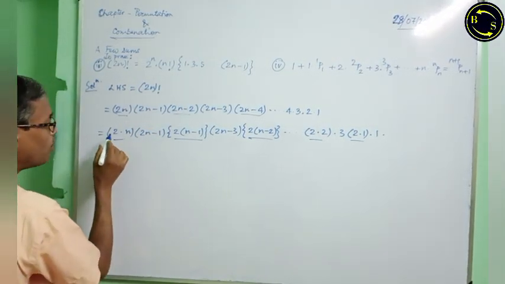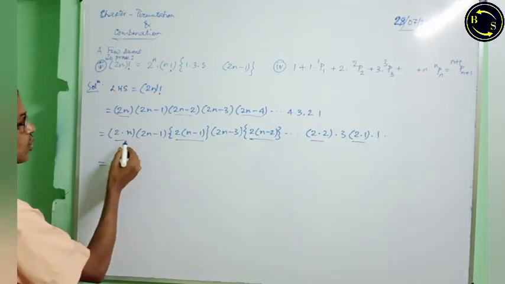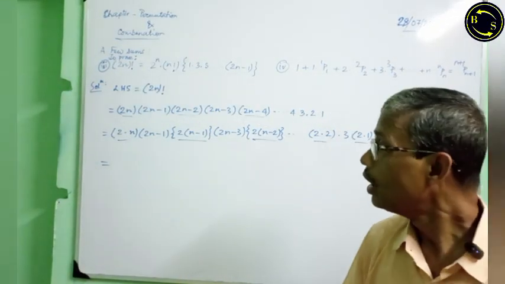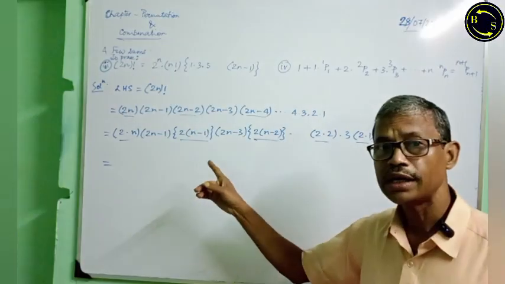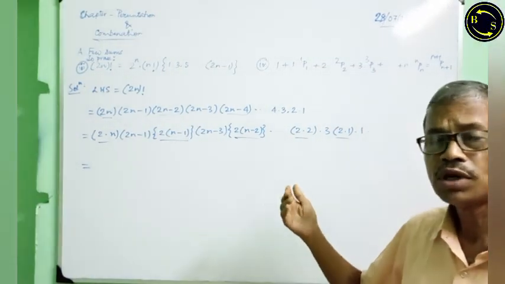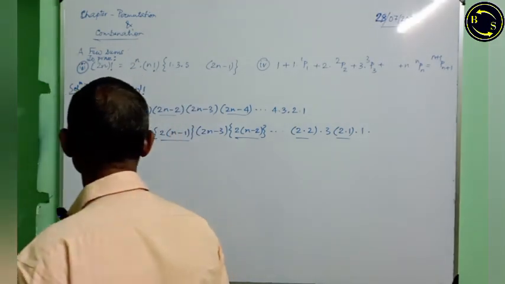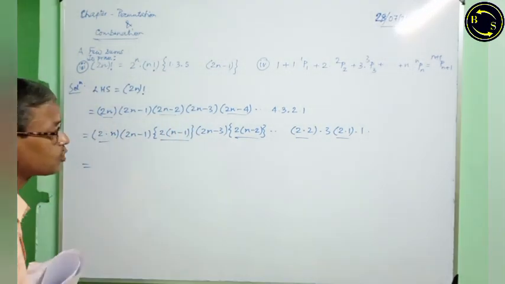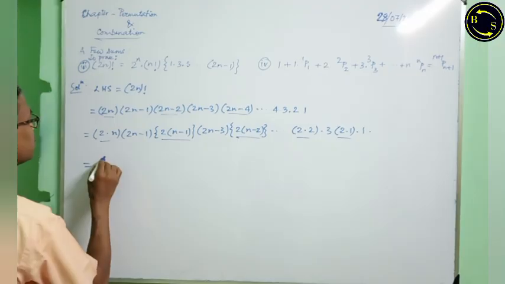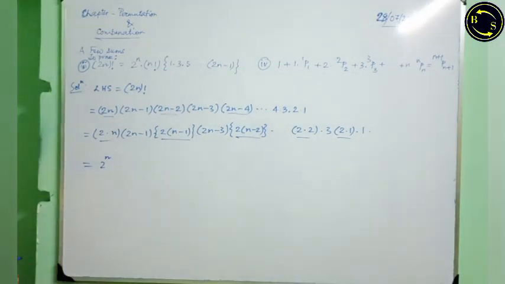That means how many 2's are there? Since total number of factors is 2n, therefore numbers occupying odd places will be in n numbers. Therefore, there are n numbers of 2. We take those 2 together, that is 2 to the power n.